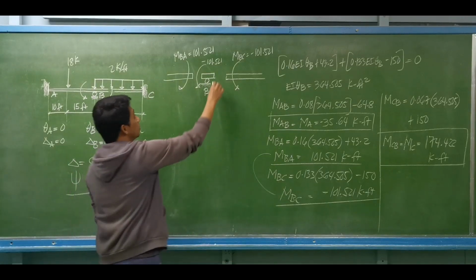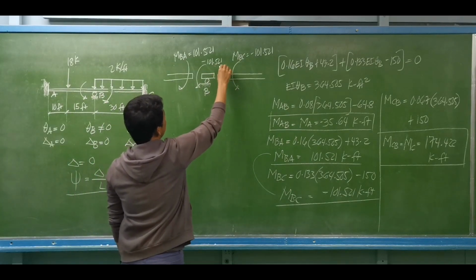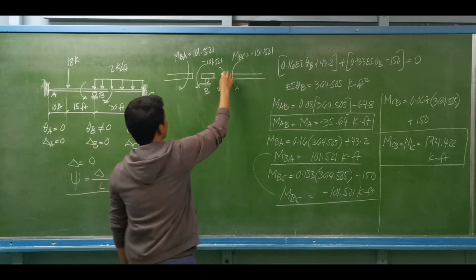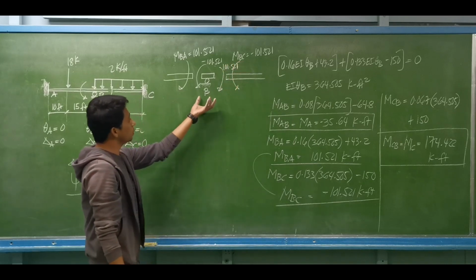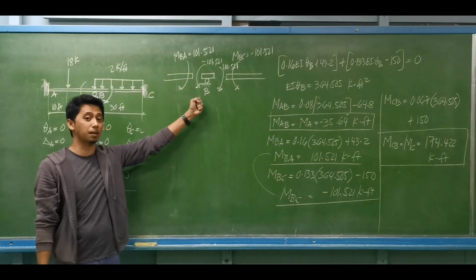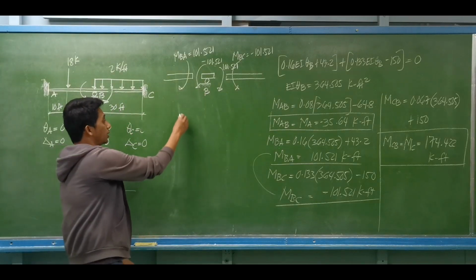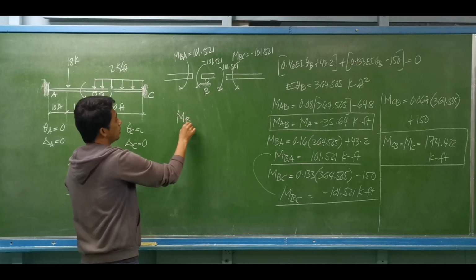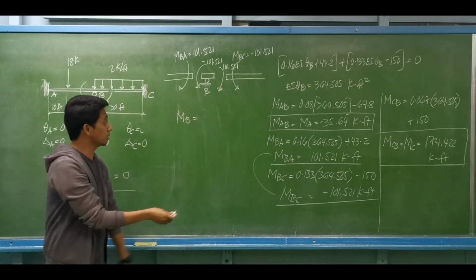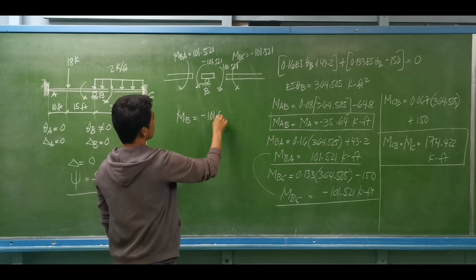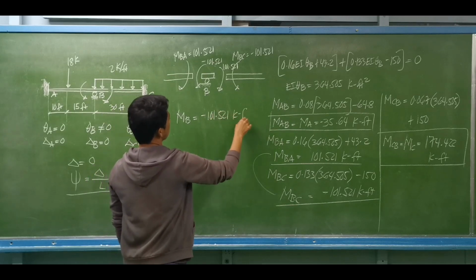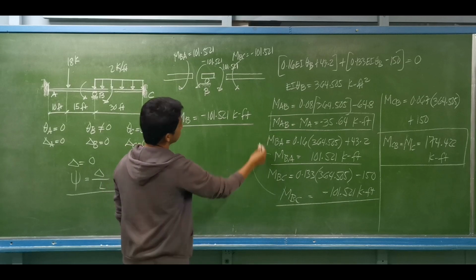So to be in equilibrium, if we transfer that moment on this side for B, this is positive 101.521. As you can see, we have a negative bending moment about joint B. So again, the actual moment at joint B is a negative bending moment, negative 101.521 kips foot.